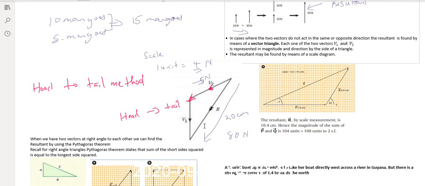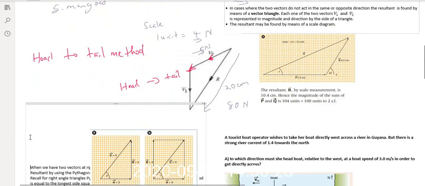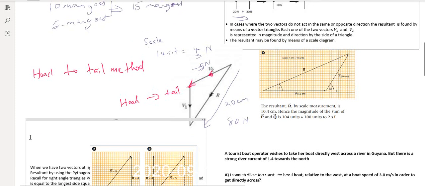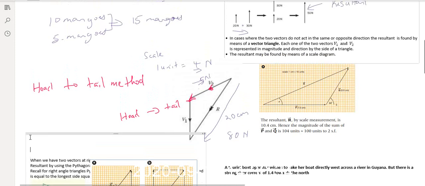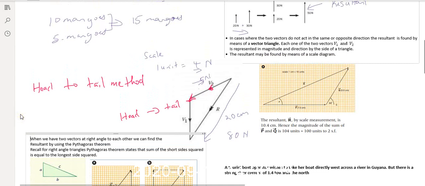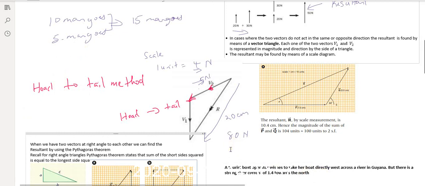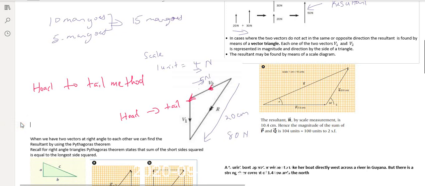So for example, let's create some space right here. Alright, so if for some reason the vectors were separated, meaning that one vector is going in this direction and the other vector is like this, what I would simply need to do is shift my vectors.